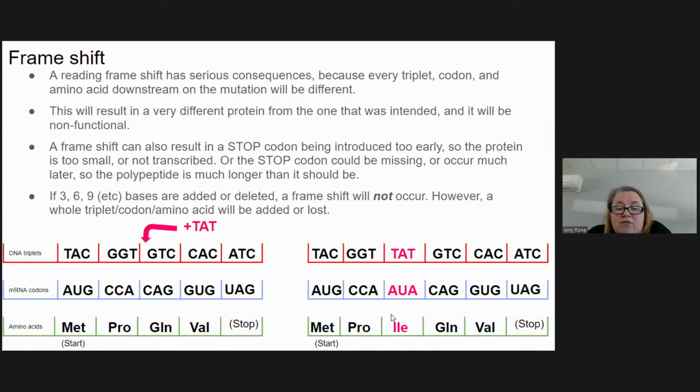You can see that we have isoleucine introduced here, but we still have the GLN and the VAL amino acids as part of our protein. We still have our stop codon where it should be. Okay, so a reading frame shift doesn't occur if there are 3, 6, 9, 12, 15, etc. bases added or deleted to our gene.